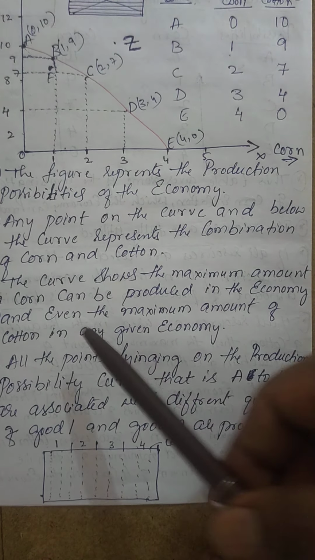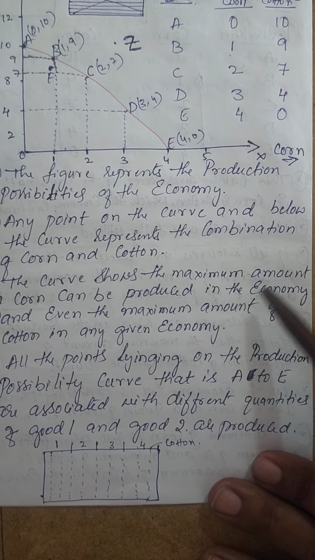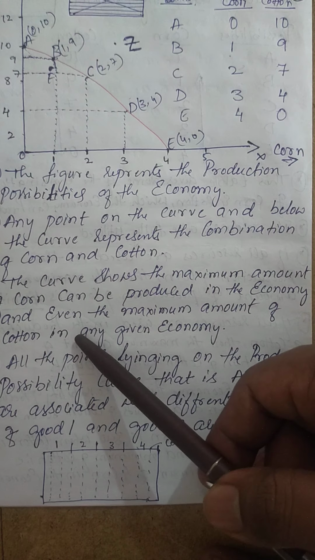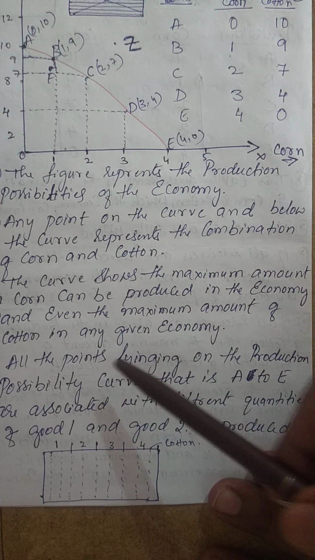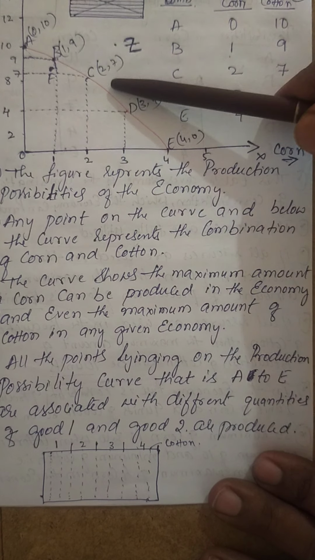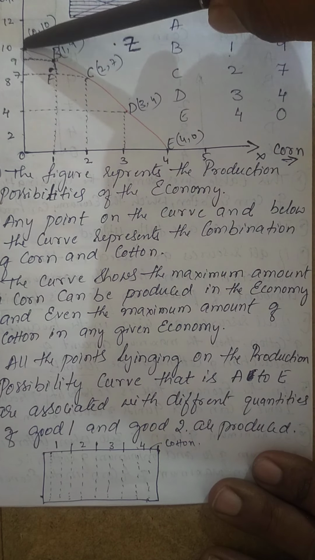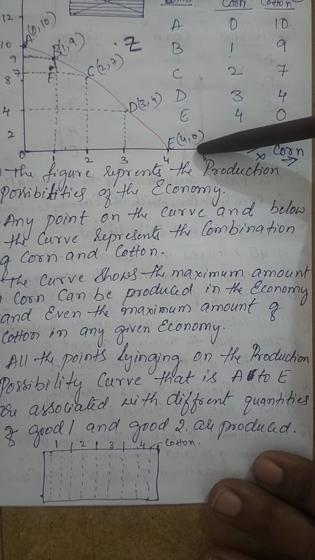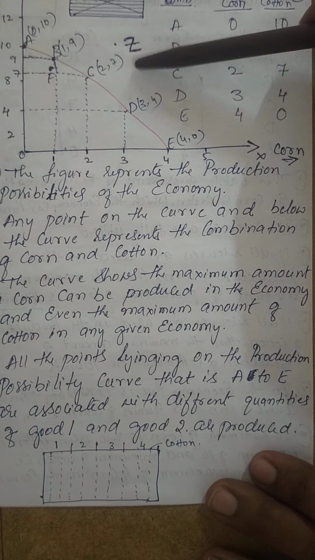Next, third point: the curve shows the maximum amount of corn that can be produced in the economy and even the maximum amount of cotton. Both maximums, cotton's maximum and corn's maximum, can be shown in the economy.